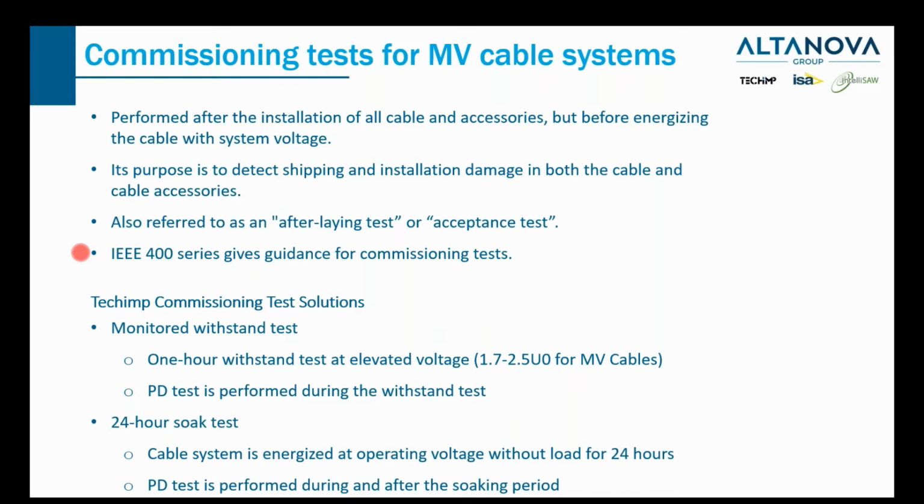The 24-hour soak test is also a guidance in the IEEE standard. And PD test will be performed during and after the soaking period, to ensure there is no defect or no PD activities within the cable systems. So that's the general two methods of doing the PD test, the commissioning test.